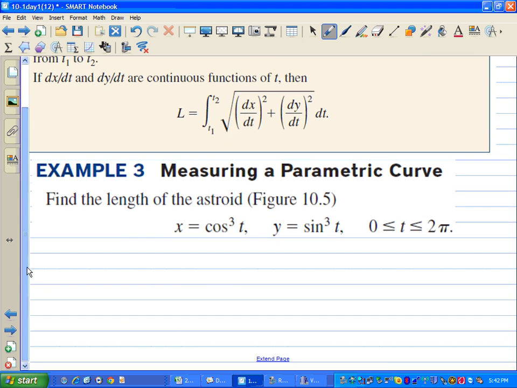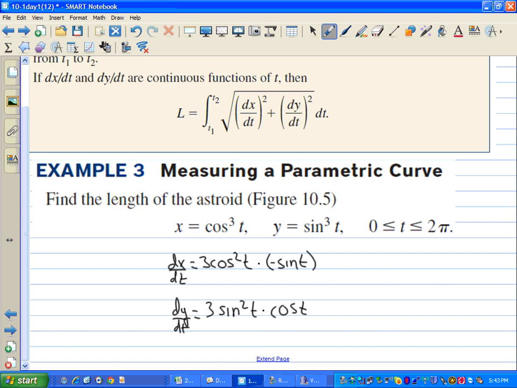So let's look at the example we have here. Let's look at the derivatives first. dx dt equals 3 cosine squared of t times the derivative of cosine, which is negative sine of t. dy dt equals 3 sine squared of t times cosine of t.